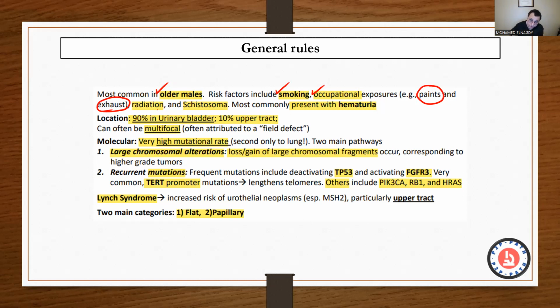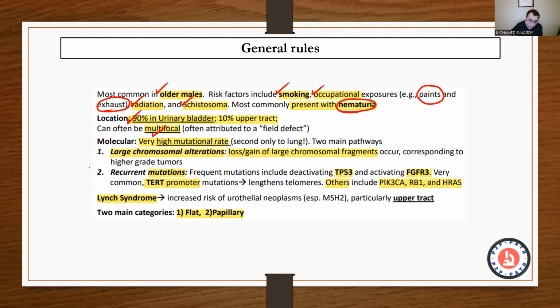This is also related to bladder cancer, as are exposure to radiation and chronic inflammation due to Schistosoma haematobium. It usually presents with blood in urine, hematuria. Hematuria in an old-aged male always raises the risk for bladder cancer. 90% of urothelial carcinomas exist in the urinary bladder, and 10% might exist in the upper urinary tract, like the ureter or the renal pelvis.